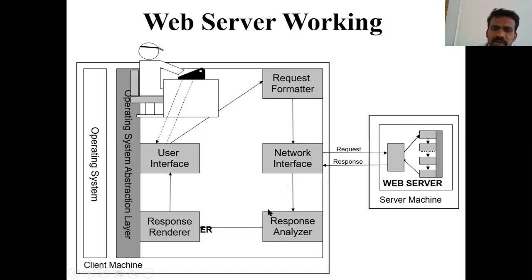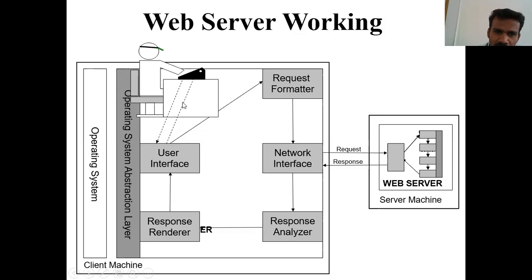Then the response is analyzed and rendered, and sent back to the user interface. Then again it sends back to the client monitor, your output device, that is nothing but your web browser. This is basically how the web browser works.